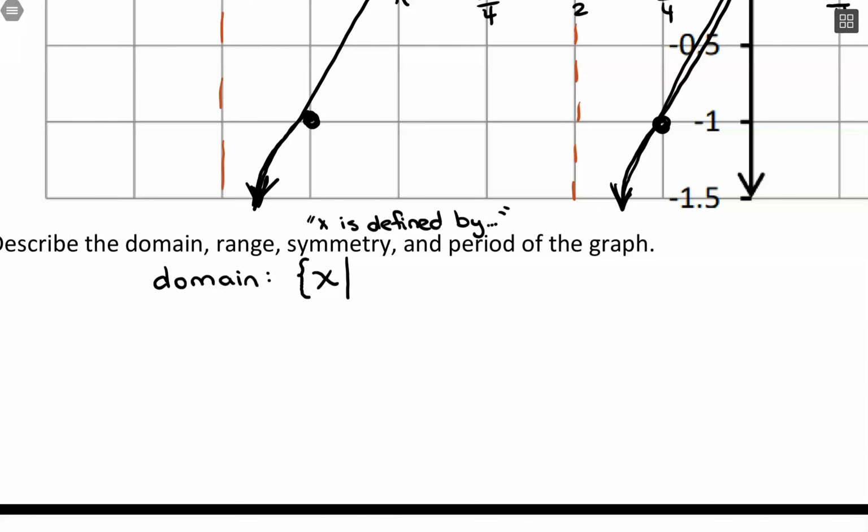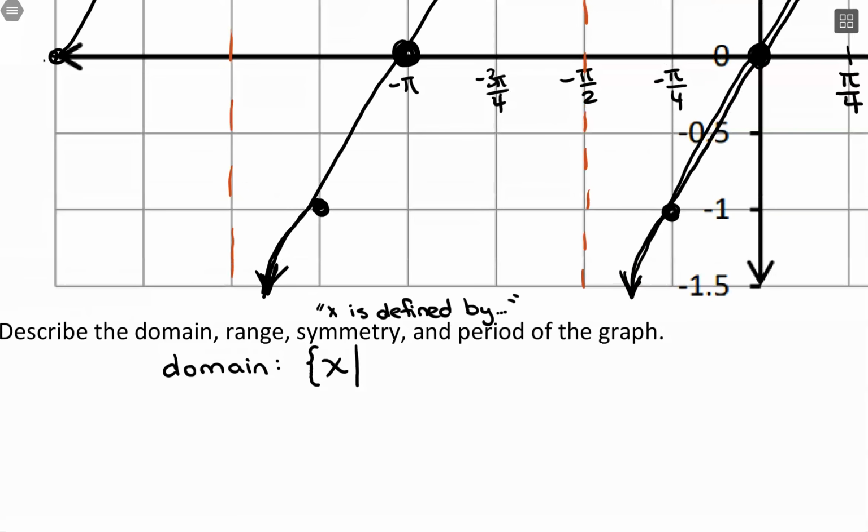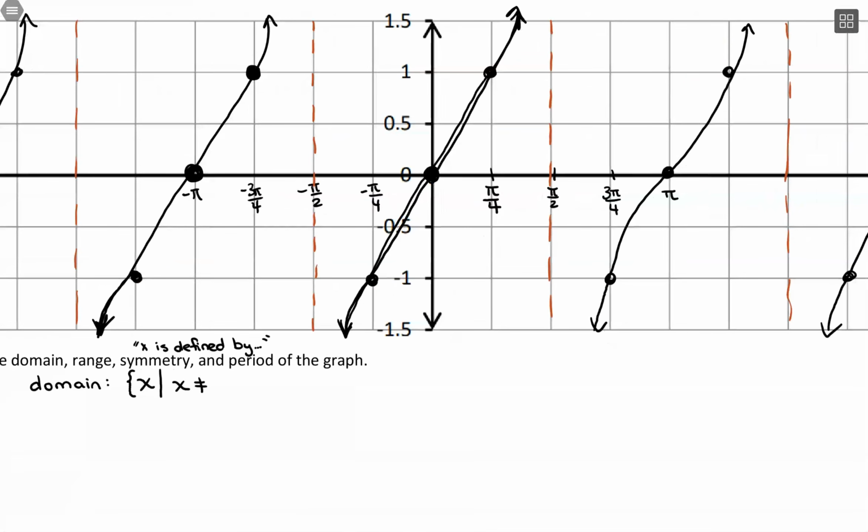So x is defined by, and then we're just going to say what x can't be. We want to highlight these spots where x fails, where we can't plug x into the function. So I'm going to say x cannot equal, and then I want to represent these spots on our graph where our function's undefined.